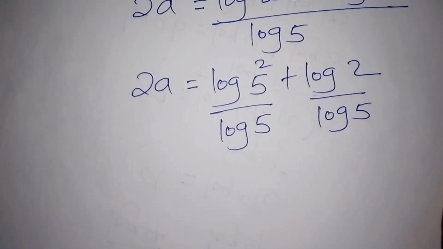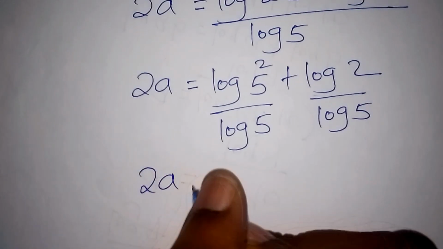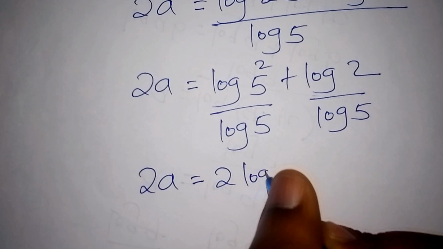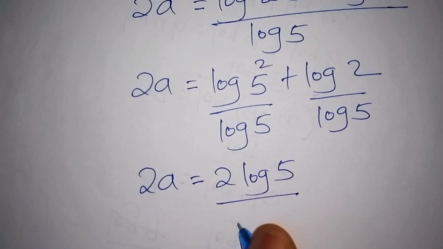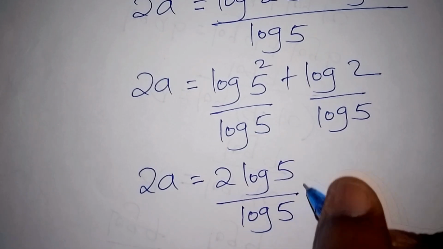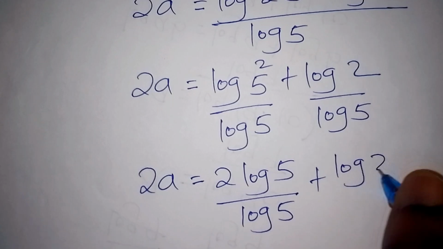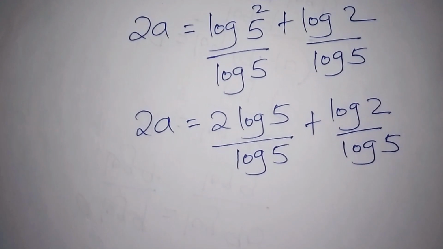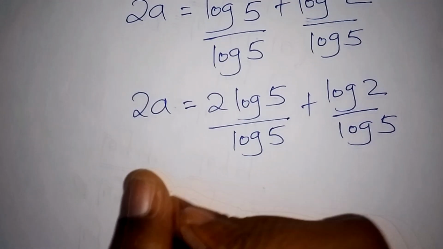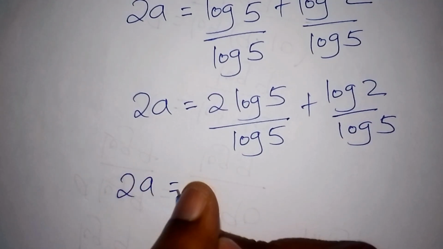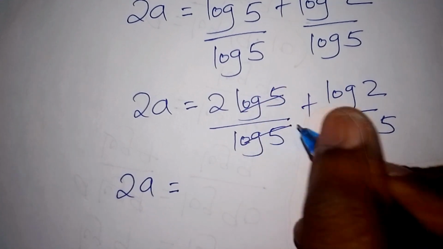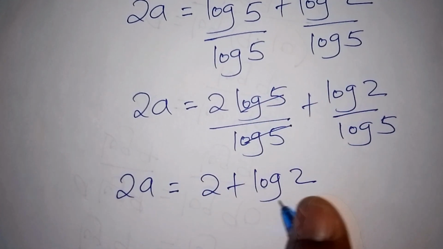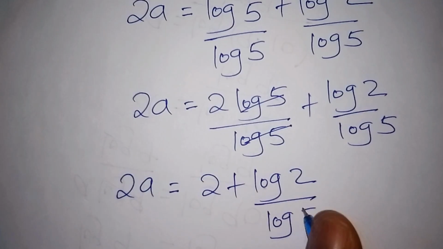So here 2a is equal to the log of 5 to the power of 2, which can be written as 2 times the log of 5, all over the log of 5, plus the log of 2 all over the log of 5. Let's simplify the common ones. The log 5 and log 5 cancel, so we remain with 2 plus the log of 2 all over the log of 5.